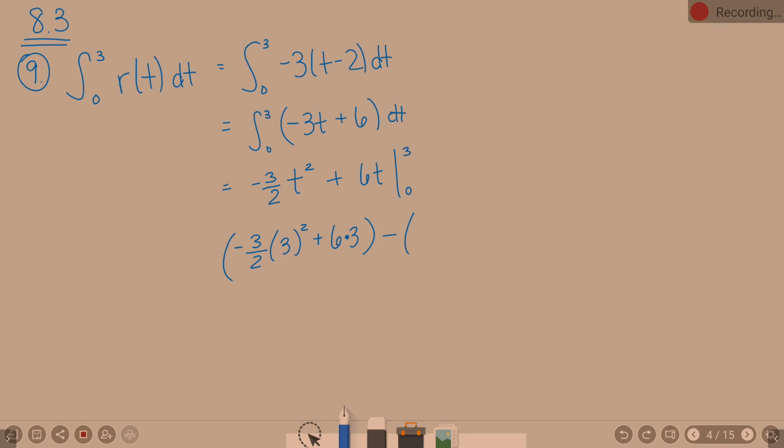I know some people get in a bad habit of just skipping plugging 0 in. But as soon as you skip plugging 0 in, there's actually going to be something that's going to matter. So I always ask that you look at it. In this case, we'd end up with 0 squared times negative 3 halves, so that would be 0. And 6 times 0 would be 0. So it truly doesn't matter, does it?